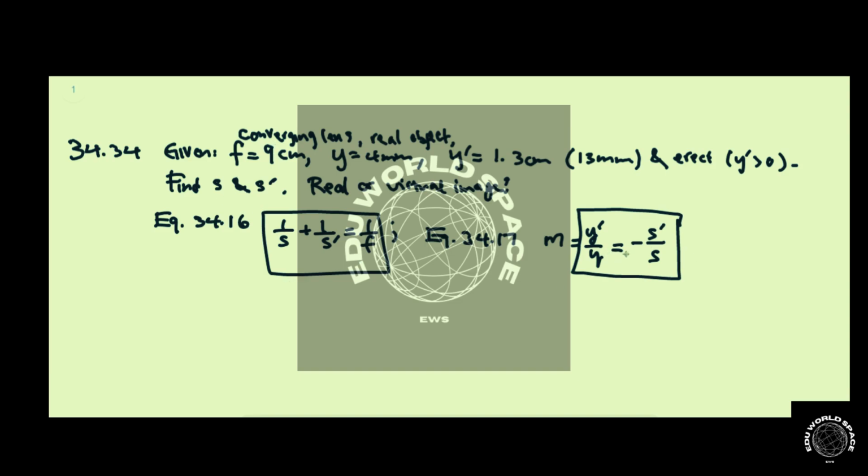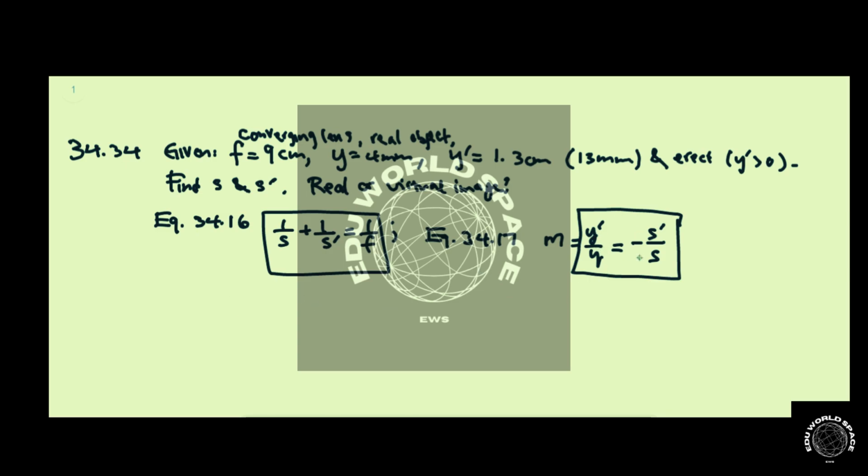So we can start with equation 34.17, and we can eliminate one of these variables. In this case, I will eliminate s prime, and then once we have done that, we can substitute for s prime in terms of s to this equation, then solve for s, and then go back to however we define s prime in terms of s here, and then determine s prime that way.